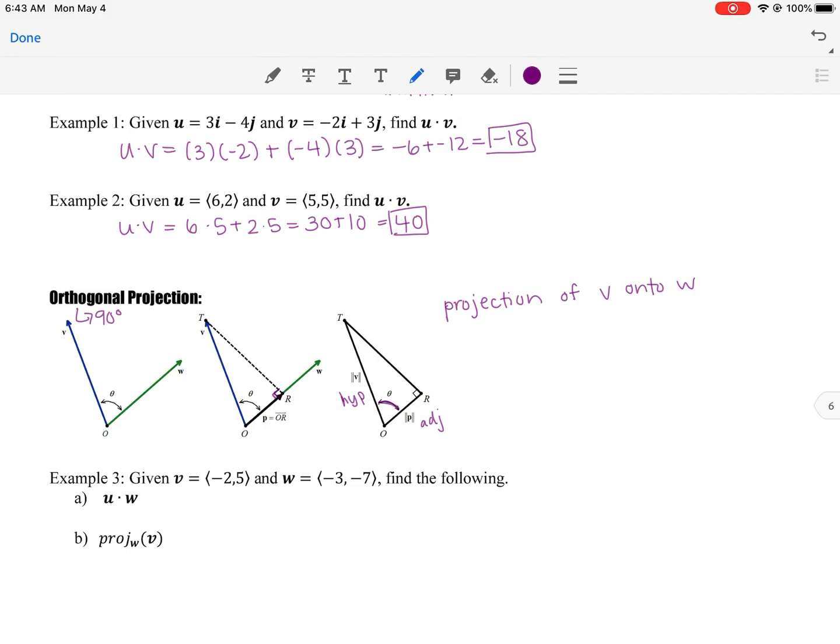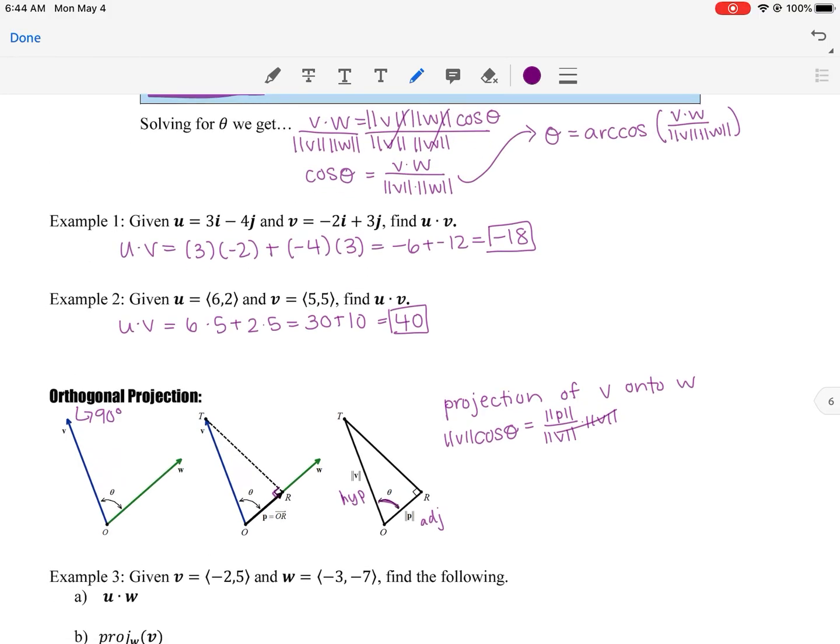So cosine of theta equals the magnitude of p divided by the magnitude of v. We solve for p, because that's what we're looking for, so we multiply both sides by the magnitude of v, and you get that the magnitude of p equals the magnitude of v times cosine of theta.